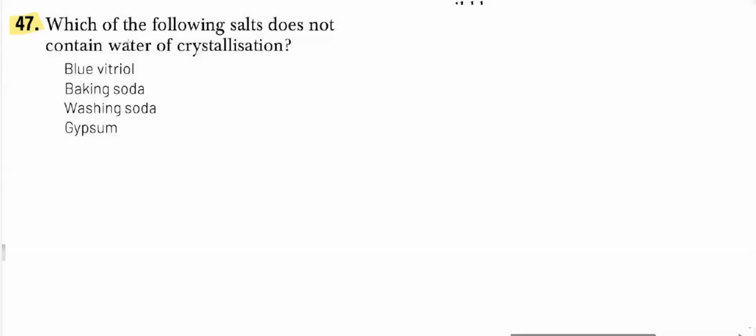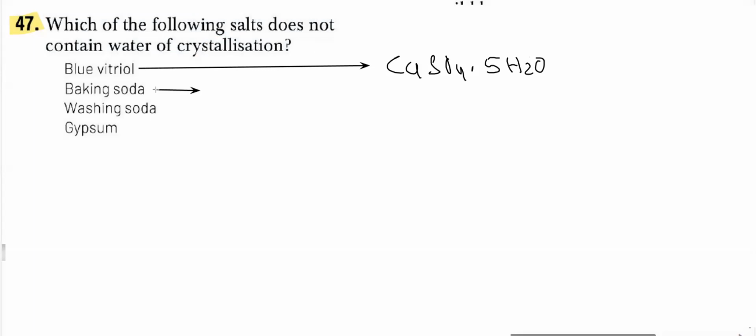That's question number 47. It says, which of the following does not contain water of crystallization? You should know the first one is blue vitriol. What is blue vitriol? This is copper sulfate, CuSO4 dot 5H2O. Five water molecules are attached. Then baking soda, right?